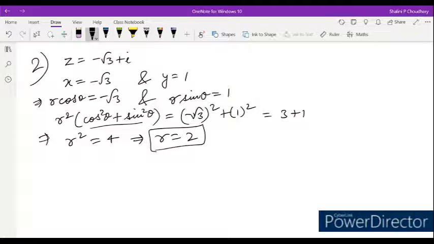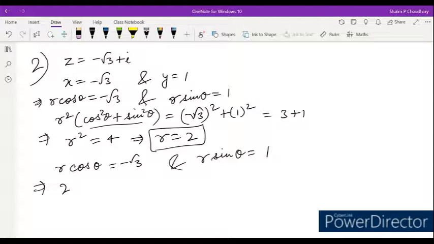Now we have to find out the value of theta. Since r cos theta is equal to minus root 3 and r sin theta will be equal to 1, this will be 2 cos theta is equal to minus root 3, so directly we can write cos theta equals minus root 3 upon 2 and sin theta will be equal to 1 upon 2.